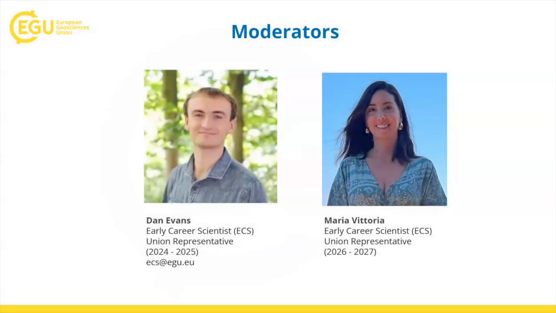Moderating us a bit more in the background, but still important, we have Dan Evans, who's the current early career scientist representative and will be stepping down from the role at this General Assembly, who is a lecturer in soil sciences. And we have Maria Victoria, who is the early career scientist union representative for the next year, so from 2026. And they are a researcher in risk communication and disaster risk reduction.